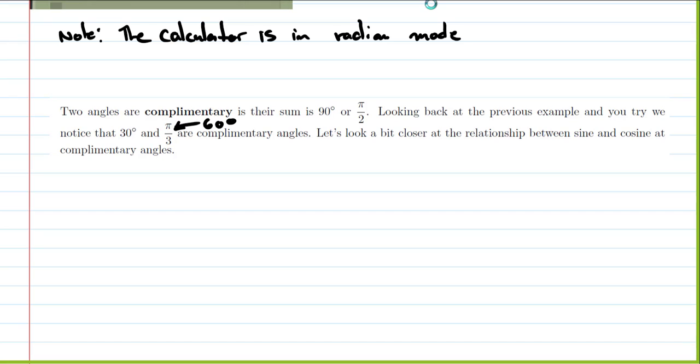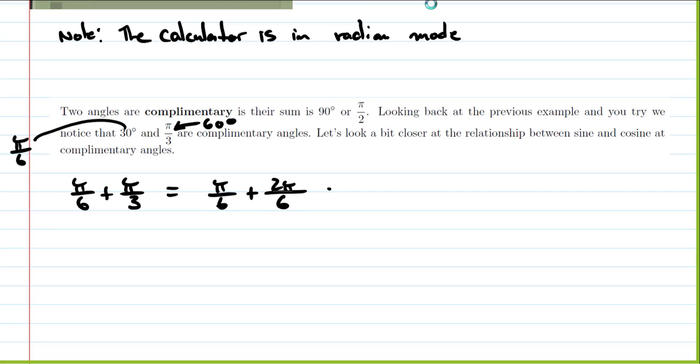Because pi over 3 is 60 degrees, and 30 degrees is pi over 6 radians. So if we add pi over 6 plus pi over 3, well, that's pi over 6 plus, getting a common denominator, 2 pi over 6. So that's 3 pi over 6, which is pi over 2. So our two angles are complementary.